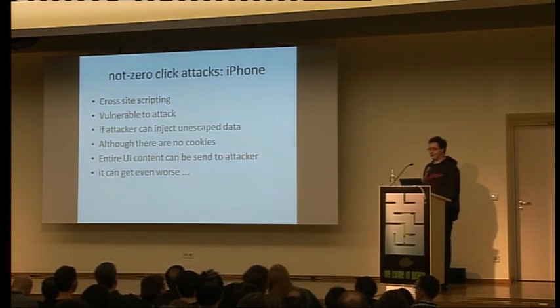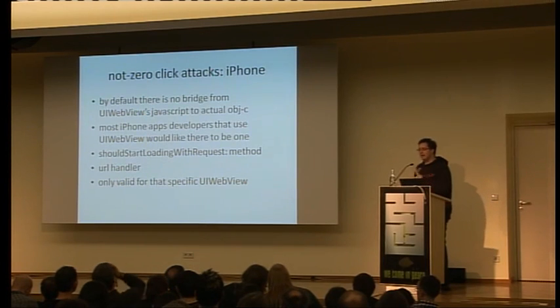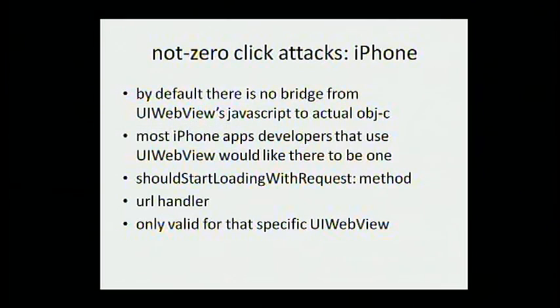It gets worse. By default, it's just HTML and you can have JavaScript in there and script this stuff, but there's no bridge back from JavaScript to Objective-C, which I'm sure was intentional. Except iPhone developers looked at this and said, yeah, but I really want there to be a bridge because I think this stuff is cool and interesting.